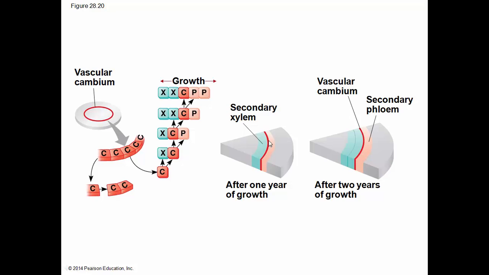The initial stem cells are located here on the cambium, and they are producing more and more phloem on the outside and more xylem on the inside. After 2 years of growth, most of the thickening is from the secondary xylem.